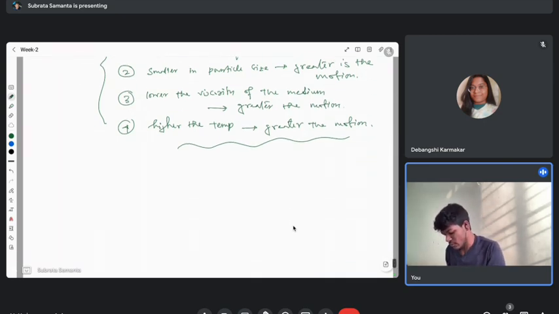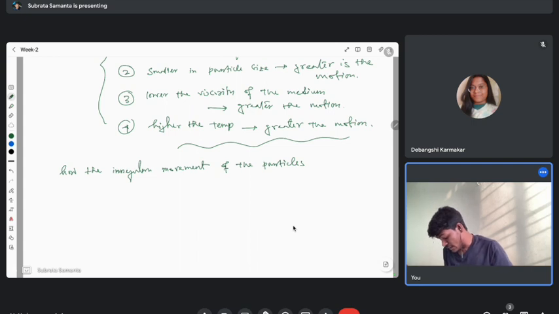I would like to address this question: how is the irregular movement of the particles suspended in a liquid related to the diffusion?